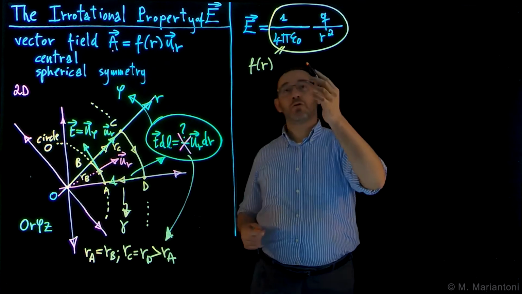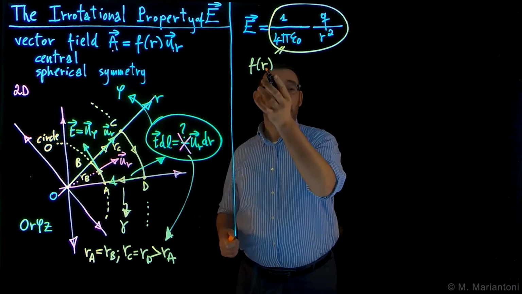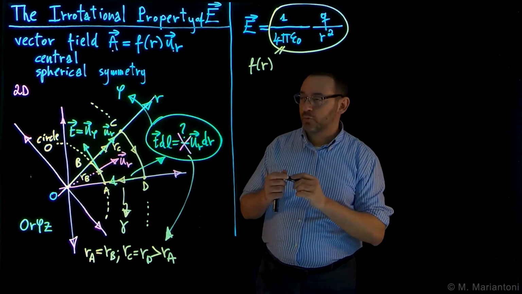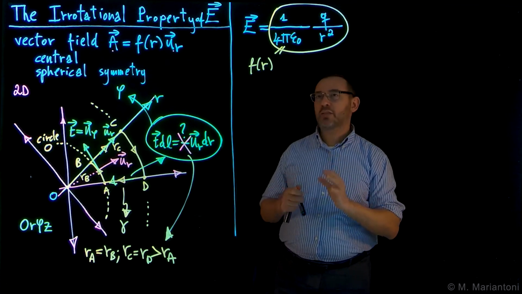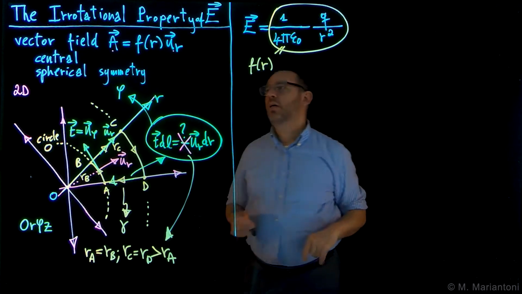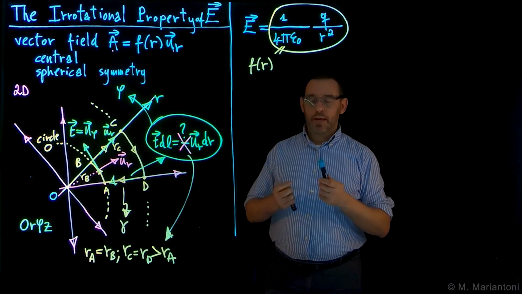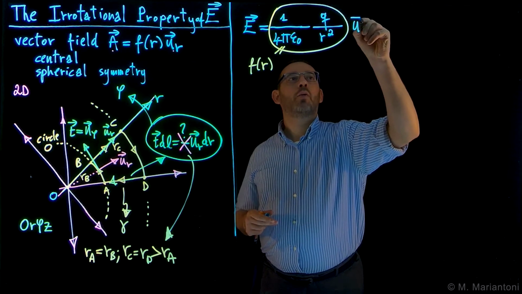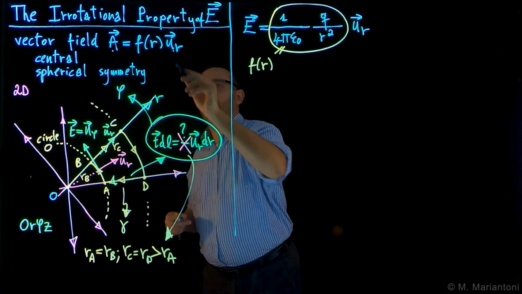So now we know the functional dependence with respect to the variable r is 1 over r squared with these prefactors. So it's a specific case of this type of field, and the direction in a spherical coordinate system is only along u_r, similarly to the A field here.